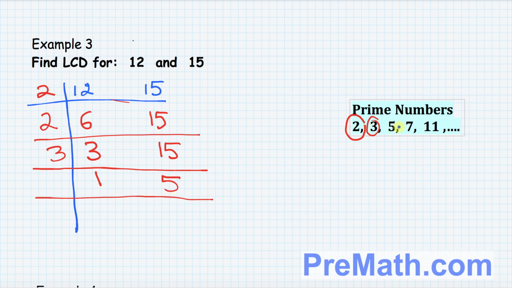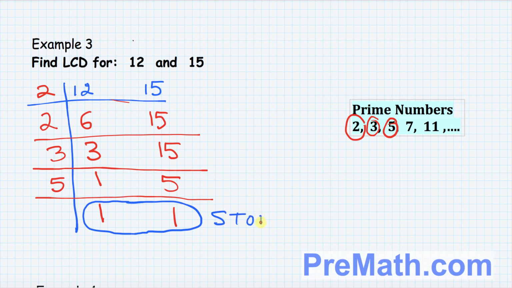Of course, that is going to be 5. So I'm going to put down 5. Since 5 doesn't go into 1, just leave it as it is. 5 goes into 5 just once. And that's it. We achieved that goal. All our ones showed up at the bottom. So that means this is our stop sign.